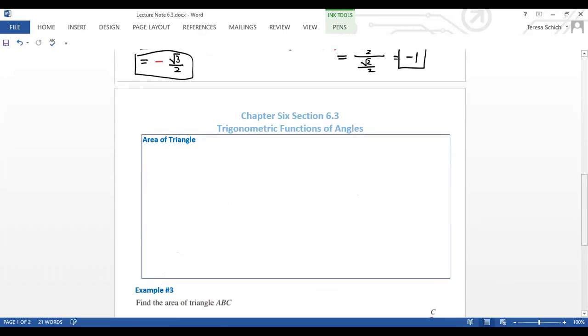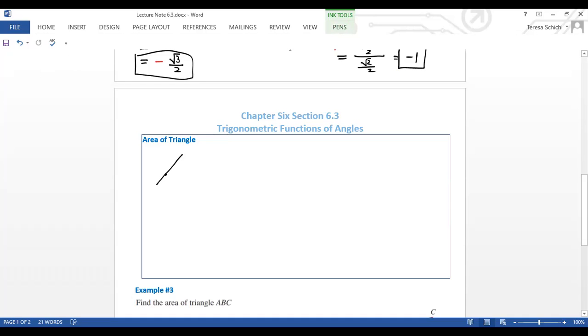And we do want to add one new thing here. This is a very useful thing: how to find the area of triangles. We learned in geometry the area of triangles.